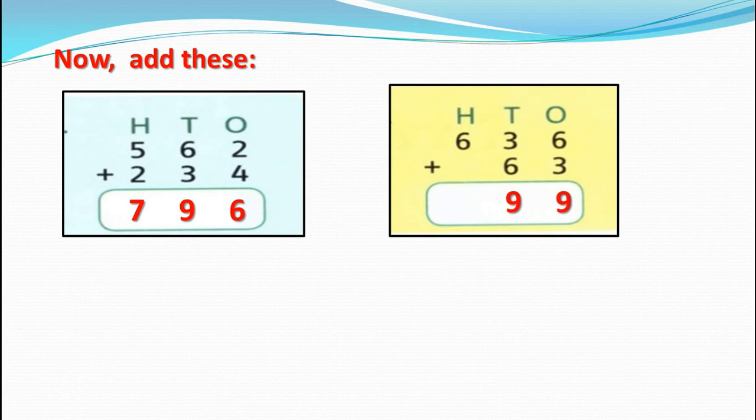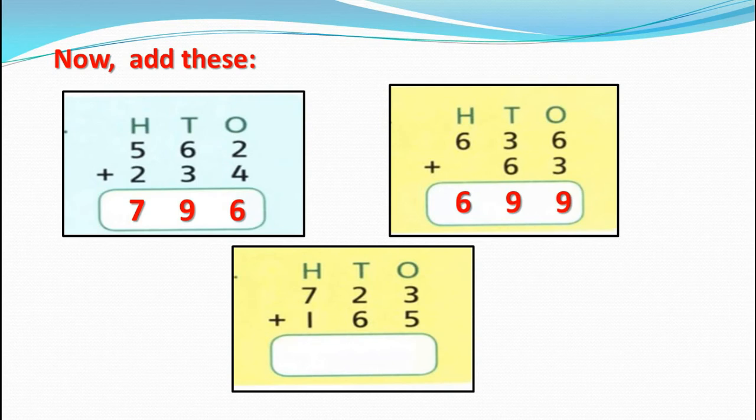So here we will write 6 as it is. Now add this. 3 plus 5 equals 8. 2 plus 6 equals 8. Now add hundreds. 7 plus 1 equals 8. So here we solved these questions.